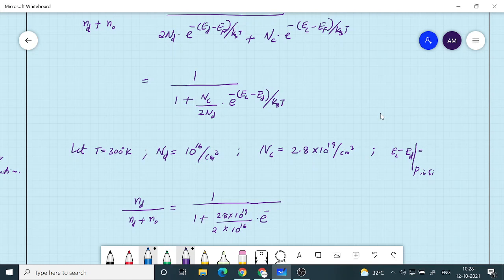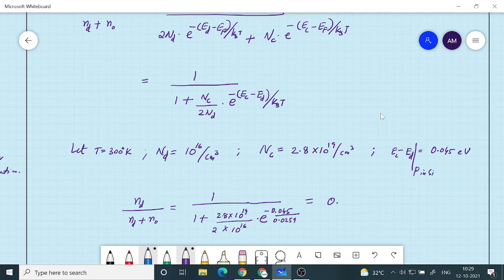This is going to be equal to 0.045 electron volt. I told you it is from 0.01 to 0.05 electron volt. So if it is phosphorus in silicon, it is 0.045 by kBT. kBT will be 0.0259. So this is what we need to evaluate.